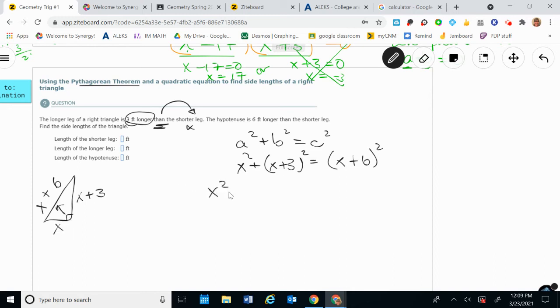So x squared plus, we need to multiply these 2. X plus 6, x plus 6, x plus 3, x plus 3. So use FOIL, first, outer, inner, last, to get this done.